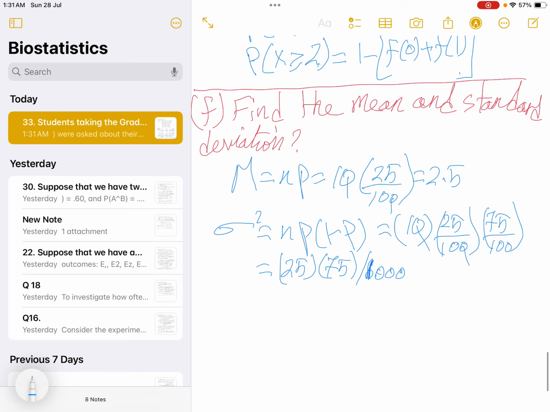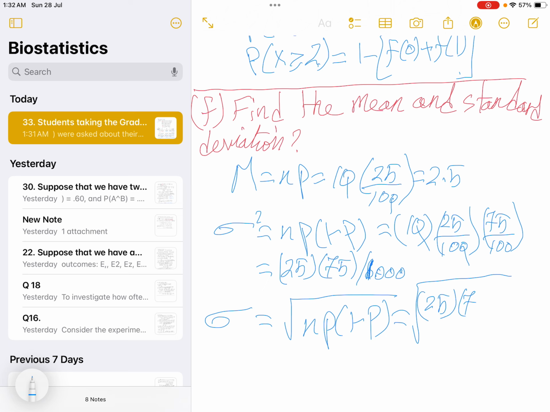Sigma will be the square root of n p times 1 minus p, which is the square root of 25 multiplied by 75 over 1000.